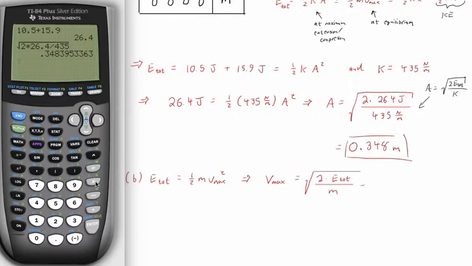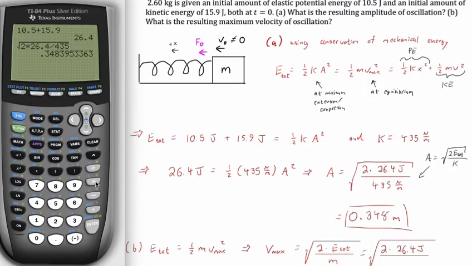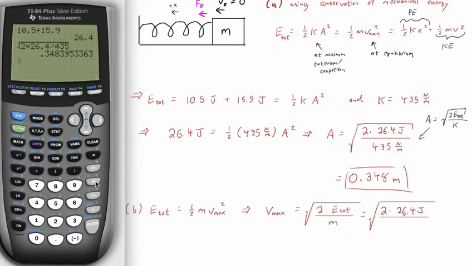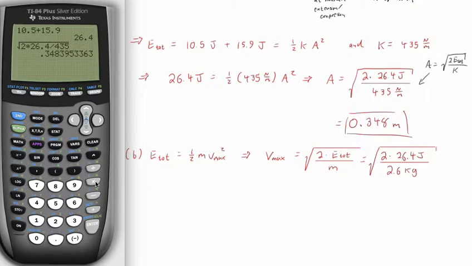So numerically, what that looks like in this particular problem is going to be 2 multiplied by 26.4 joules, all divided by the mass, the attached mass, which is 2.6 kilograms. Okay, and that will give us our maximum velocity.